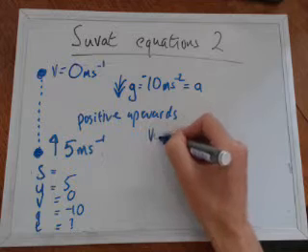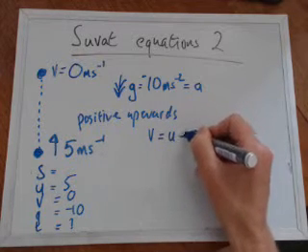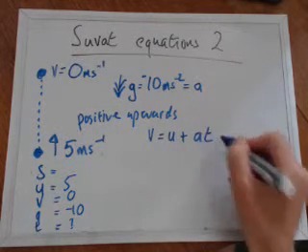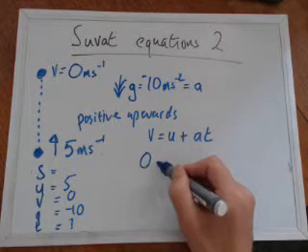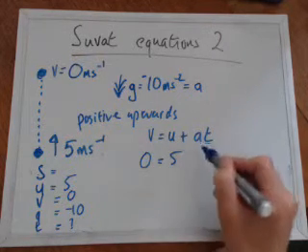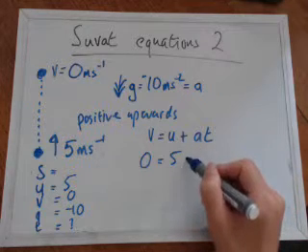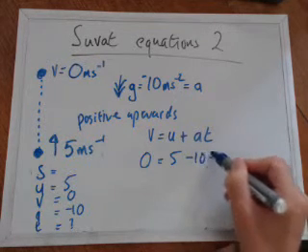We'll use v equals u plus at. So, putting the numbers in now, 0 equals 5 minus 10t.